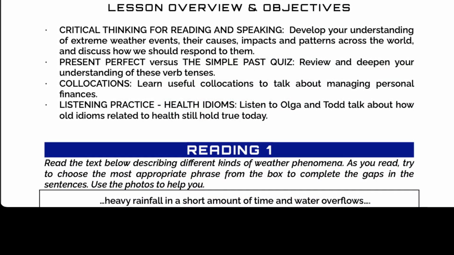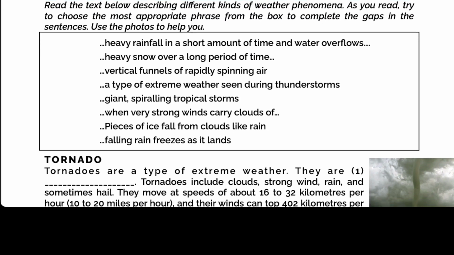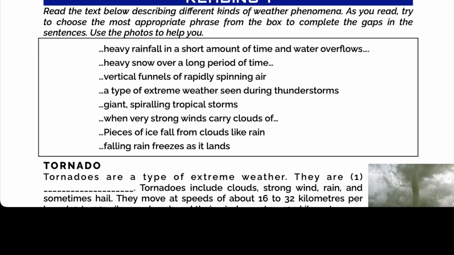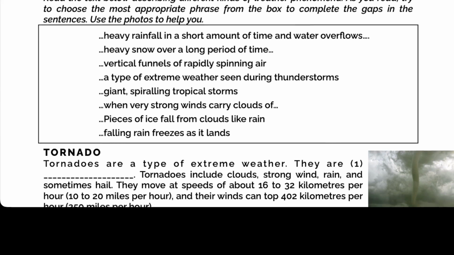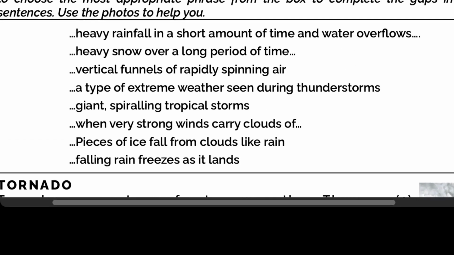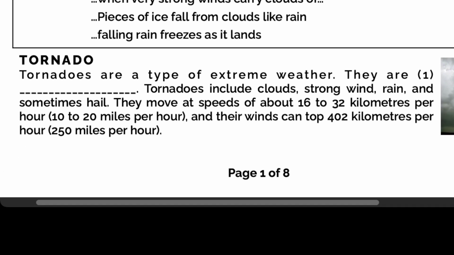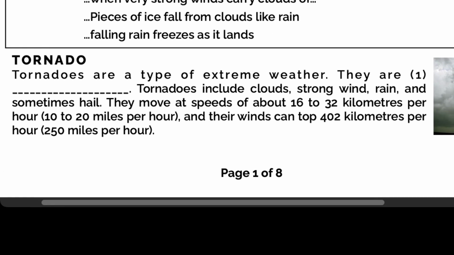So here, scrolling down, you have reading 1. So read the text below describing different kinds of weather phenomena. As you read, try to choose the most appropriate phrase from the box to complete the gaps in the sentences and use the photos to help you. So you'll see right here, if I zoom in, we have the phrases you need to fit into the sentences that describe weather phenomena.